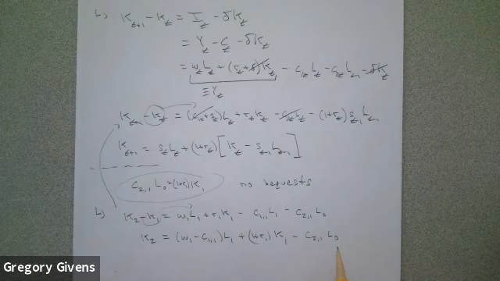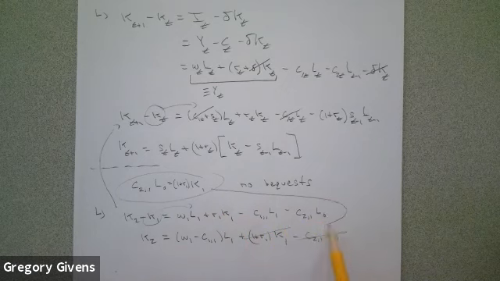Well, if there's no bequest motive, then C2,1 L0 is equal to 1 plus r1 K1, right? So that and that cancel. And you're left with K2 equal to W1 minus C1,1. Well, that's just S1 times L1.